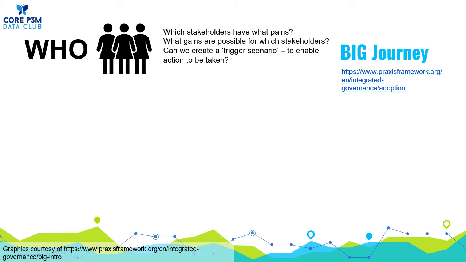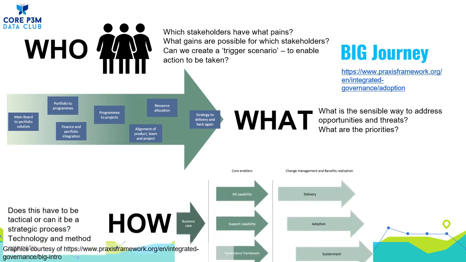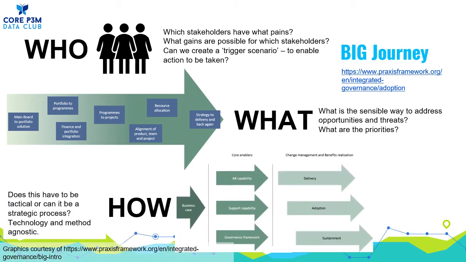If we can build that consensus and pull people on board to want to do something, we can work with them to come up with a sensible way to address their opportunities and threats and agree with them what their priorities are for which capability introductions. We can then work with the organization as to how that can be achieved, whether it's a tactical small-scale solution in one area or it's a broad brush low-level approach across the organization.